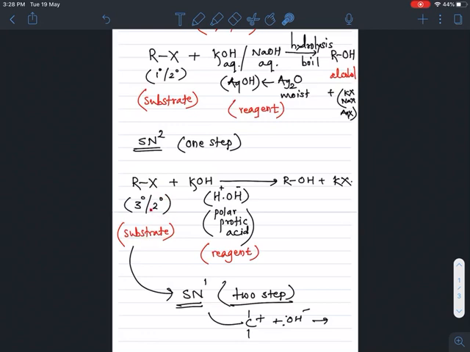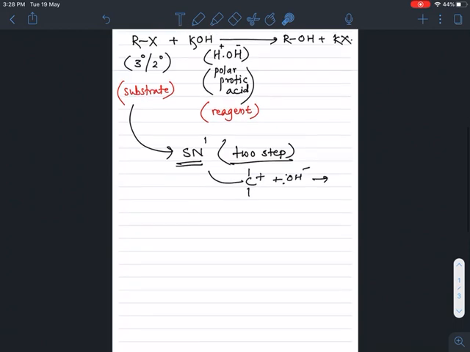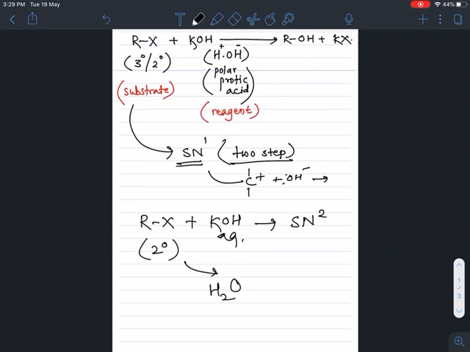So how does this secondary alkyl halide undergo SN1 as well as SN2 reaction, and when does each proceed? When the secondary alkyl halide RX is treated with a strong nucleophile like aqueous KOH or NaOH, it proceeds by the SN2 reaction, a 1-step reaction. When it is treated with a reagent like water, a polar protic solvent, it follows the 2-step reaction mechanism, that is the SN1 reaction.